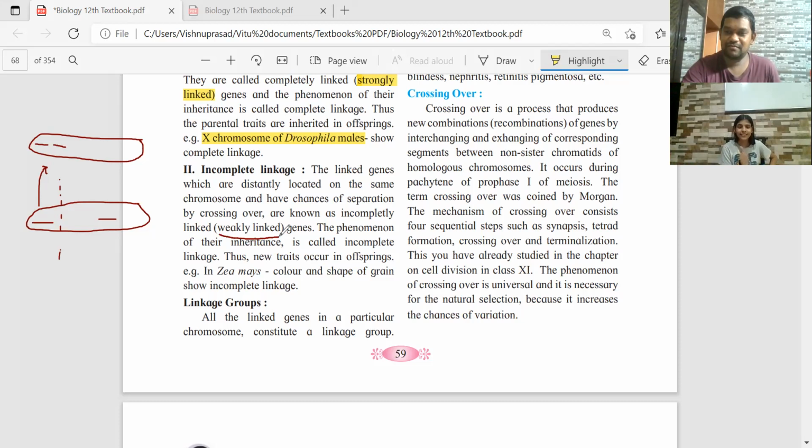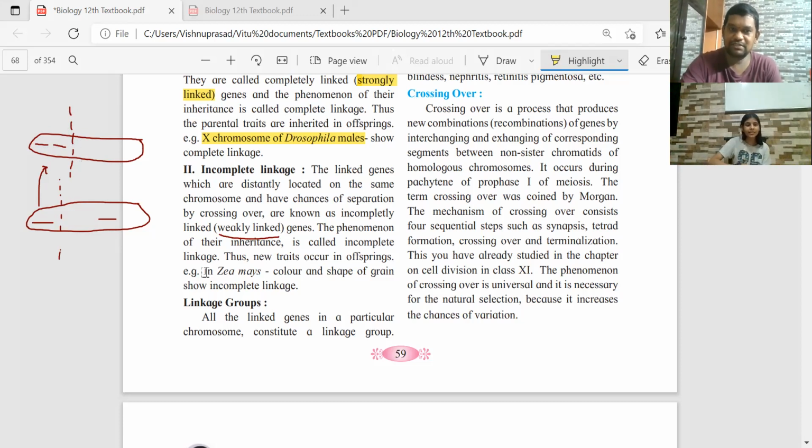But here, because the genes are physically located very close, whenever recombination takes place, there is a very, very bleak chance that they will get separated, or no chance at all. That's why these are strongly linked.